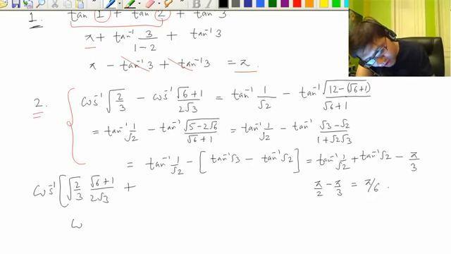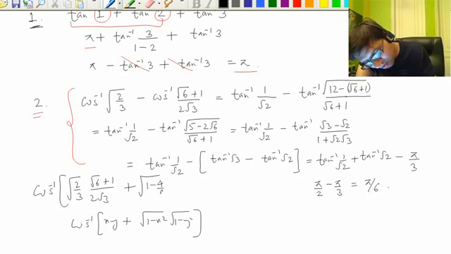The formula says we have cos inverse of xy plus root of 1 minus x square, root of 1 minus y square. So root of 1 minus x square is root of 1 minus 2 by 3.